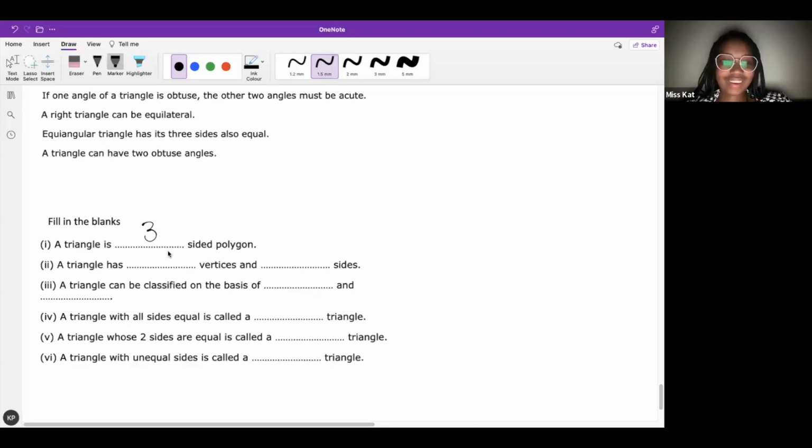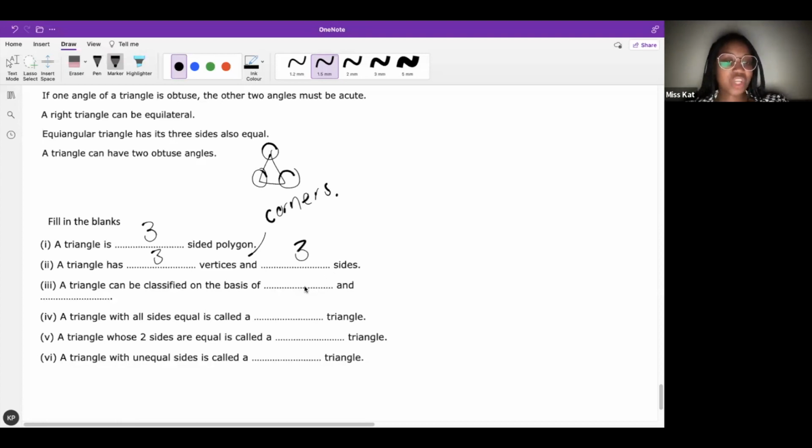What are vertices, guys? I know you guys know what sides are. Corners, guys. Don't cut corners. Vertices are, a very informal definition would be corners. There is one over there, and over there.